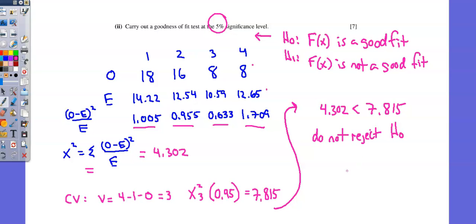The test statistic is less than the critical value, thus I do not reject the null hypothesis, and I want to describe what that means looking up at my null hypothesis. If I'm not rejecting it, then that's what I describe as my decision situation. F of x is a good fit. This completes the requirements for question 9.